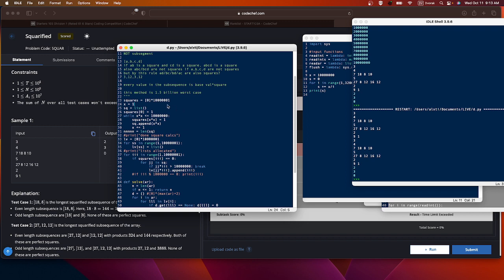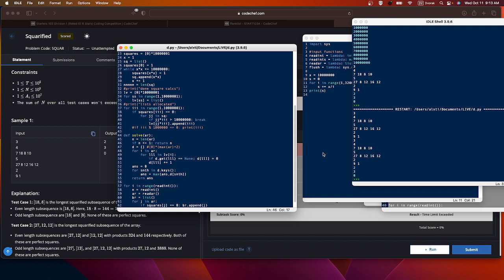Okay, I mean, we don't need to initialize 10 million. Yeah, we only need to allocate the ones that we need to do. That reduces it, that's probably the dagger.